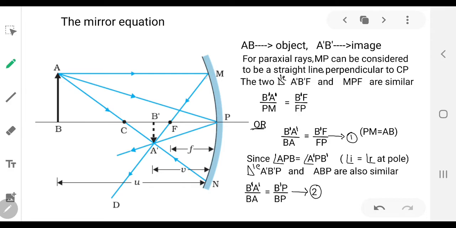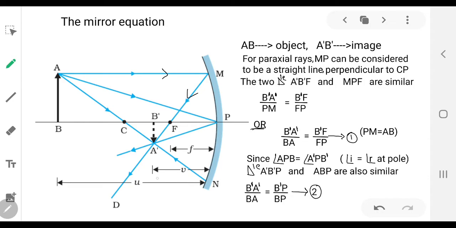Any ray parallel to the principal axis passes through the principal focus after reflection. So AM is our incident ray, and MFD is our first reflected ray passing through the principal focus.